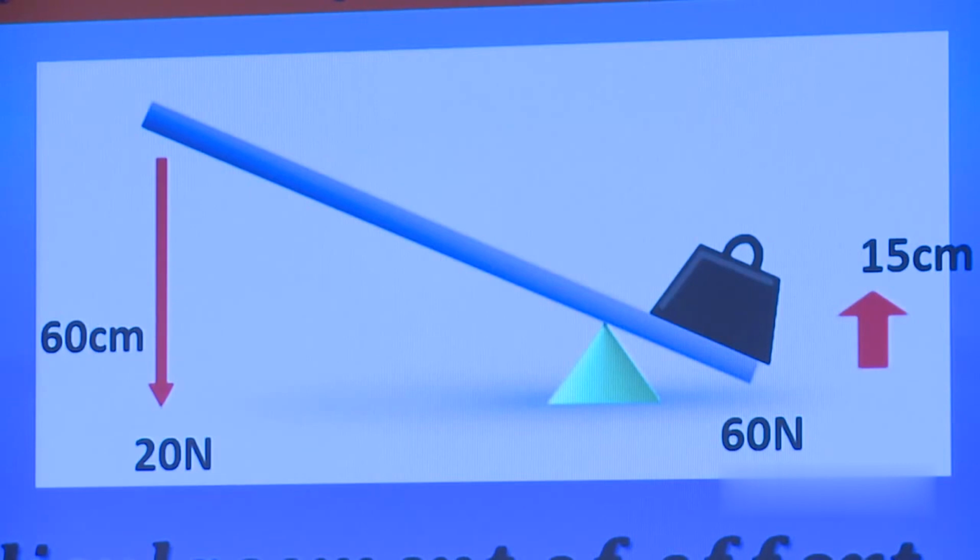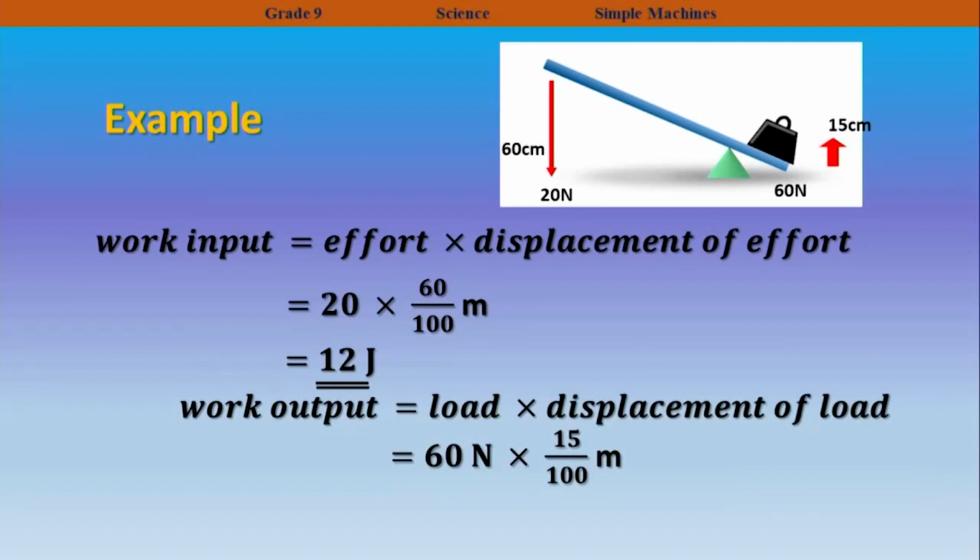So, how do we calculate the work done by the machine, or work output? That is load into the displacement of the load. Displacement is 15 centimeters. Again, you have to convert centimeters into meters.